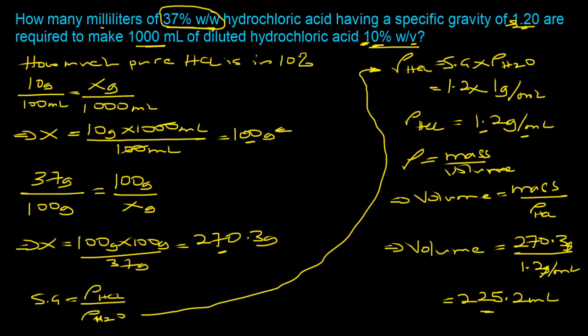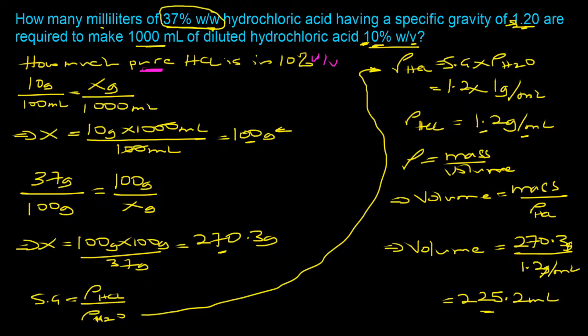Okay, that's the answer. So notice, in terms of recall or the high points from this conversation, you first need to determine what pure HCl is present in the 10% weight by volume.